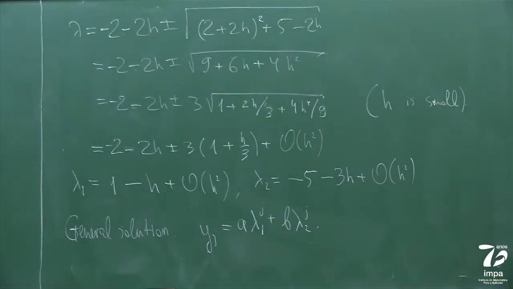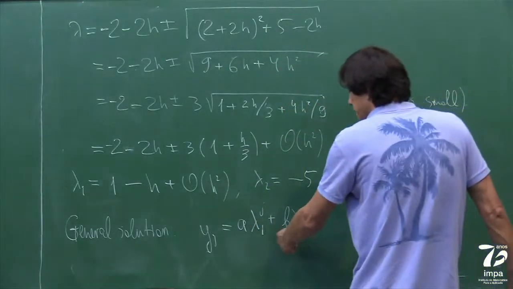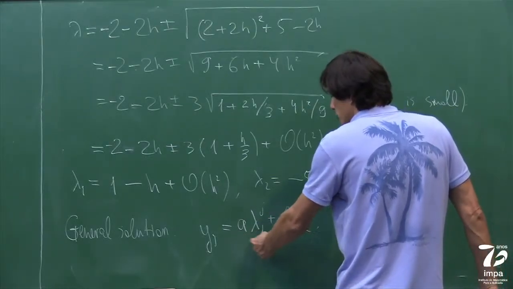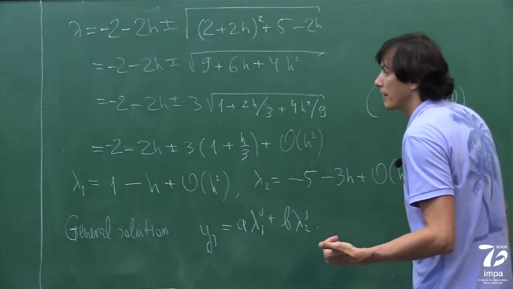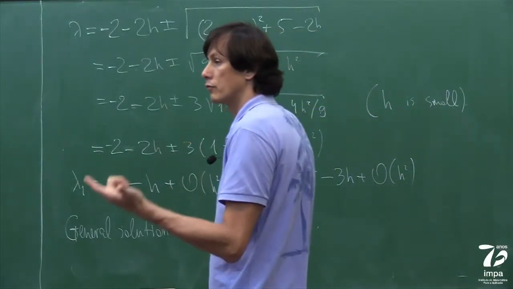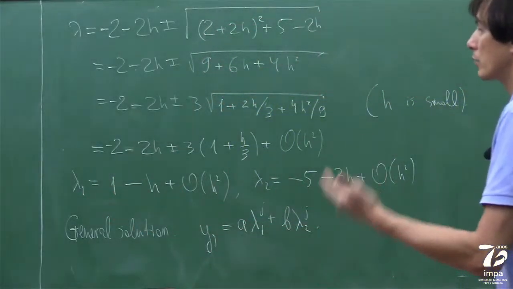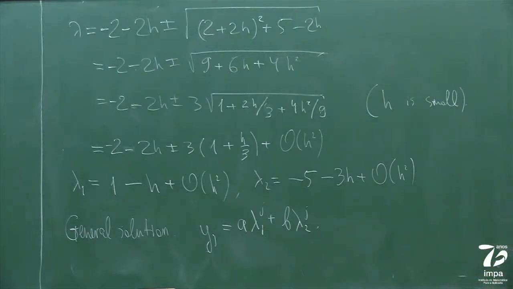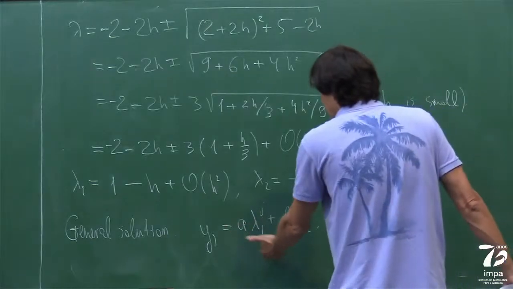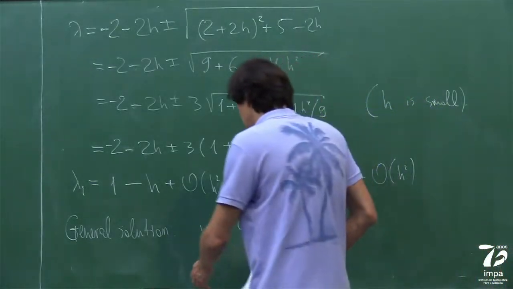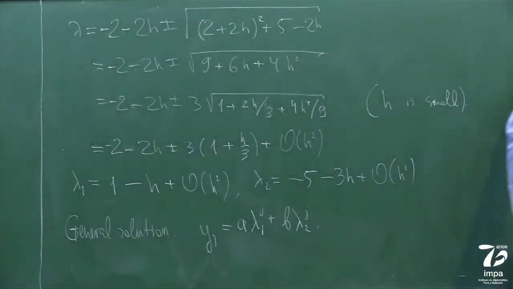So this is the general solution because they are different and independent, and by choosing a and b, you can satisfy arbitrary initial conditions. So for any 2 points, y1, y0, we will see that we find a and b, and then all the other y's are given by this formula. So this gives a general solution for our system. So this is good.